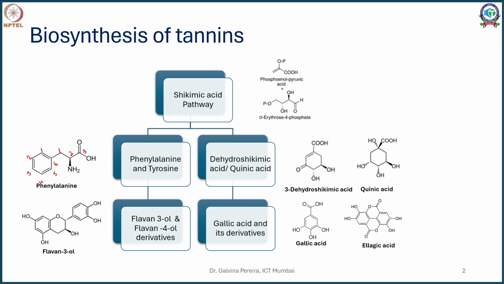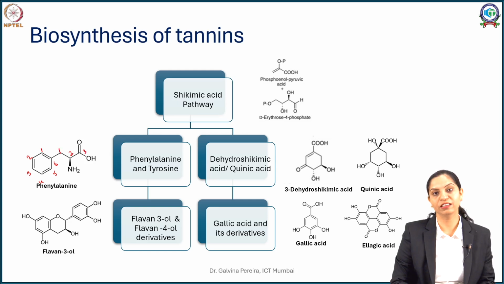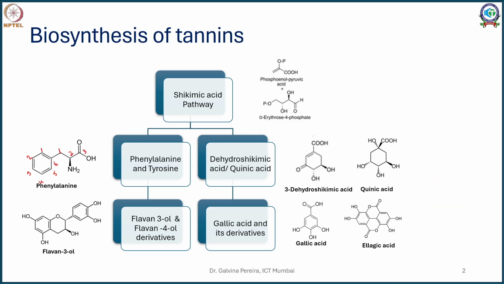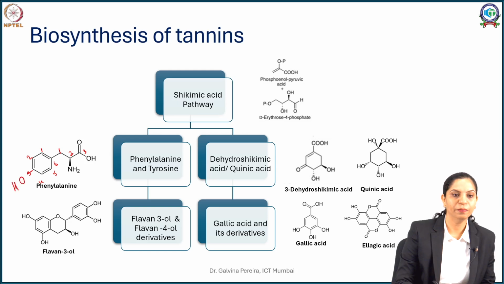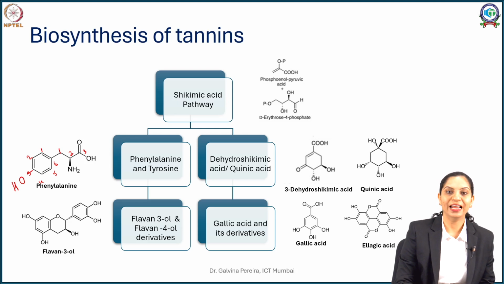So this class of compounds that phenylalanine gives rise to are called phenyl propanoids, that is phenyl plus propane. Phenylalanine and tyrosine just differ in the presence of a hydroxy group. So when a hydroxy group is added, you get tyrosine. Phenylalanine and tyrosine both give rise to phenyl propanoid moieties.